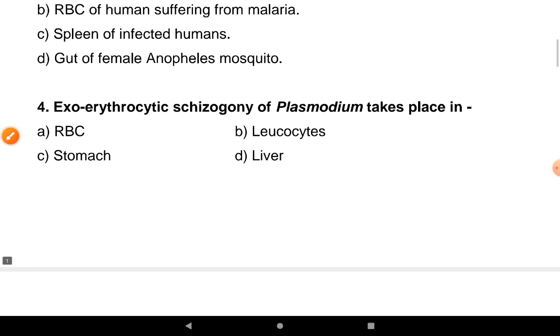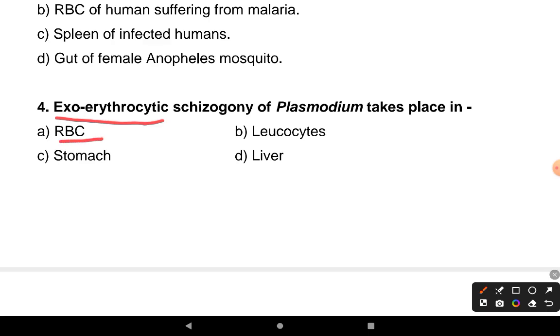Our next question is: exoerythrocytic schizogony of Plasmodium takes place in RBC, leukocytes, stomach, liver. The correct answer is option D. Exoerythrocytic schizogony of Plasmodium takes place in liver.